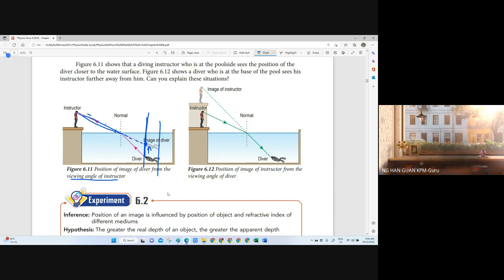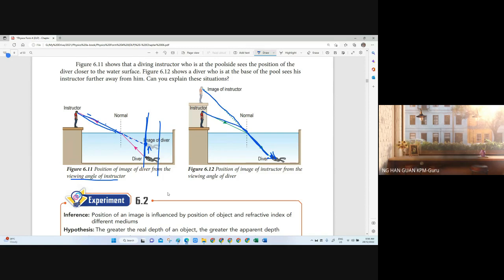And then, based on the diver itself, now the instructor becomes the object. So for the instructor here, the ray goes into the water, so it bends towards the normal. After that it goes in a straight line to the diver as the observer, so the eyes are here. When we extend the straight line, the image appears vertically upwards here.